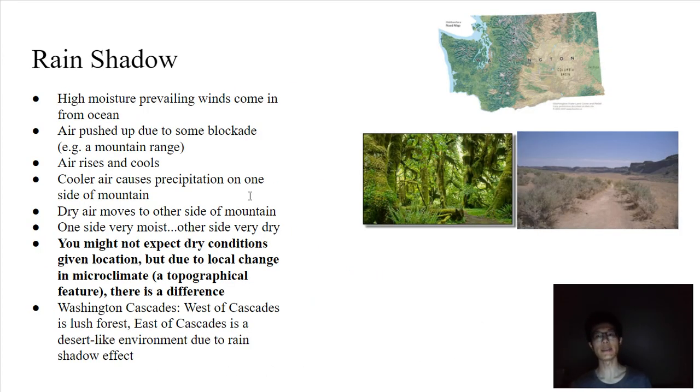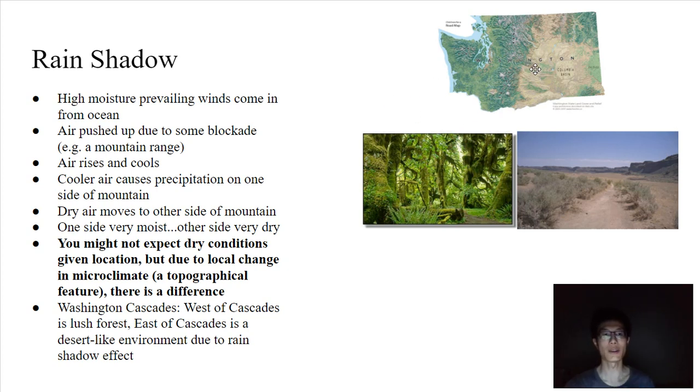We can see this in real life in places like Washington, where on the western side, facing the ocean, you have high amounts of moisture from that uplift of air caused by the Cascade Mountains. The high-moisture prevailing winds are coming from the west to the east, and the air is pushed up by a blockade, in this case a mountain range, the Cascades.